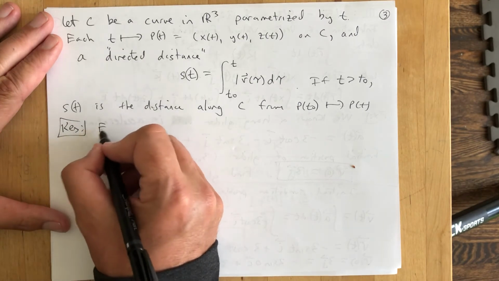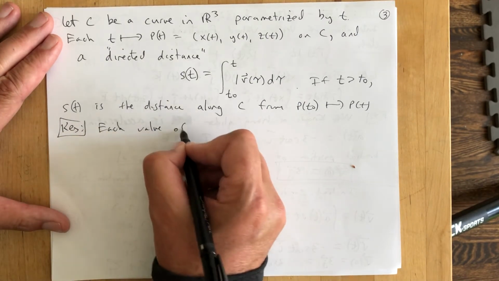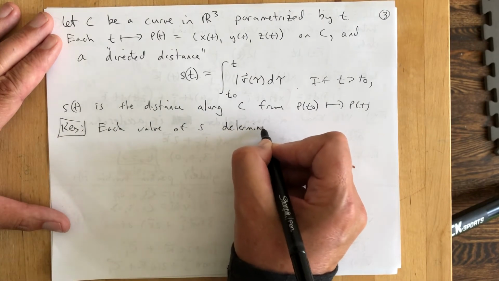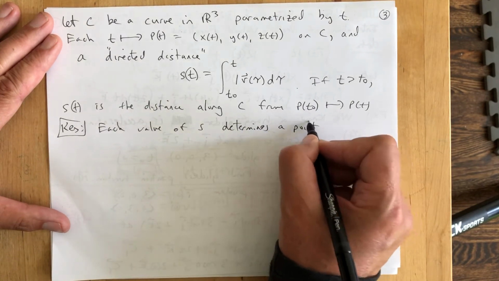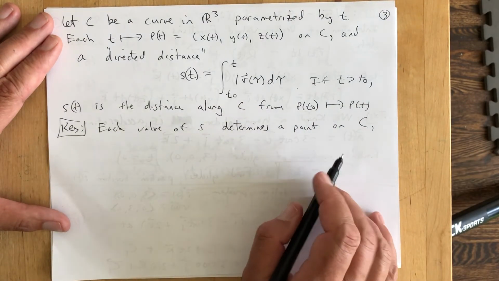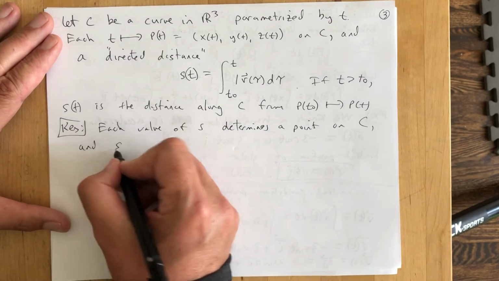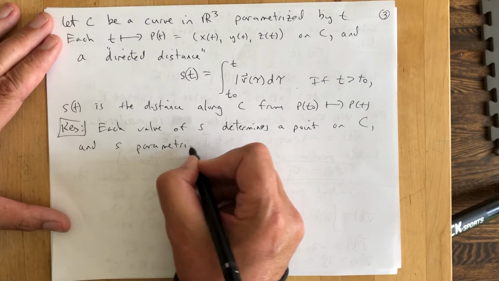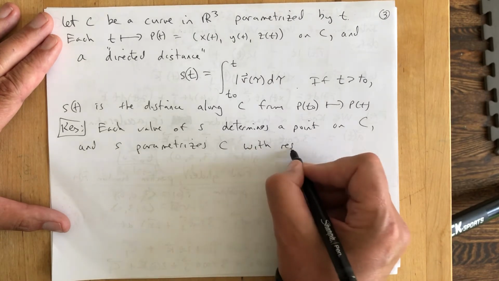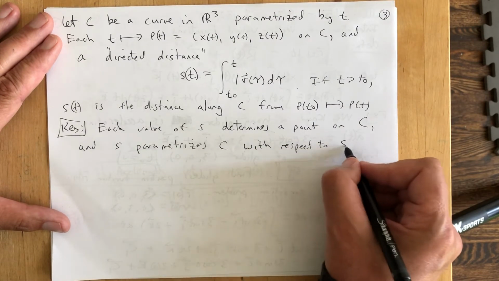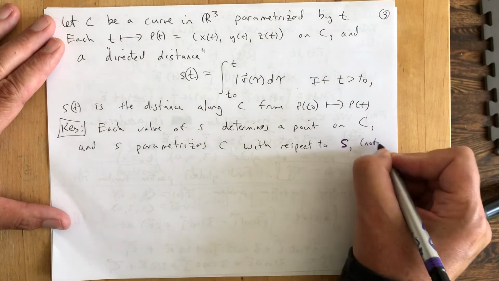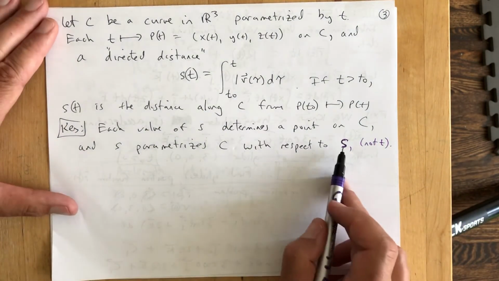Each value of s, and again, s is an integral, determines a point on C. So we get another parameterization of C. s parametrizes C with respect to s, not t. t is our time variable, but s is our length variable.